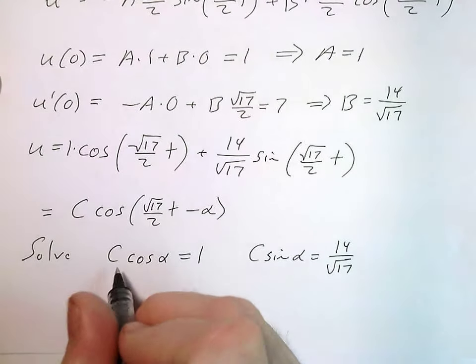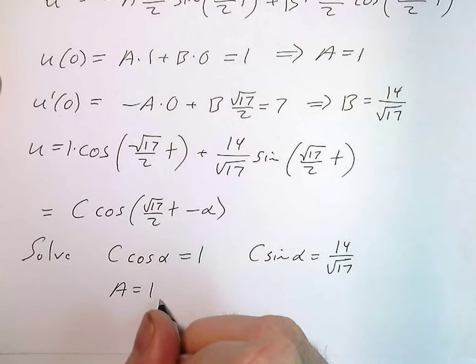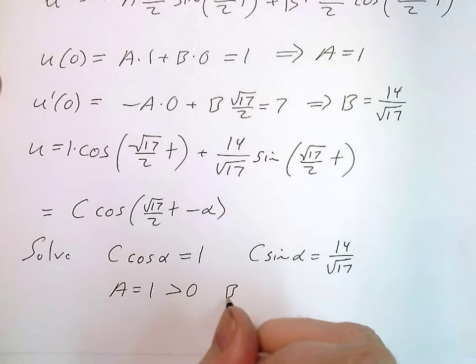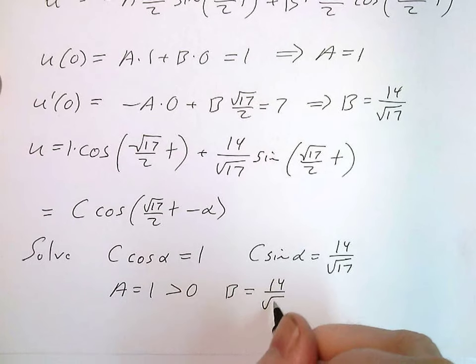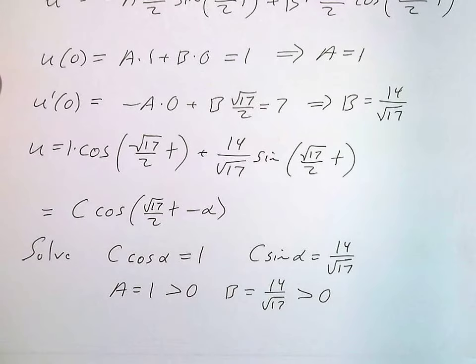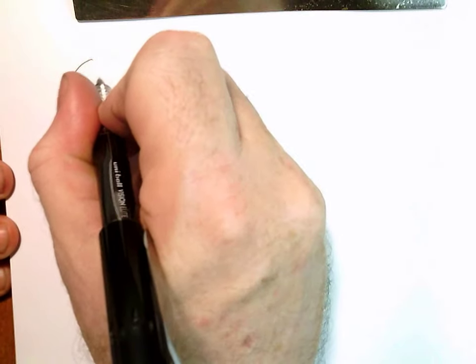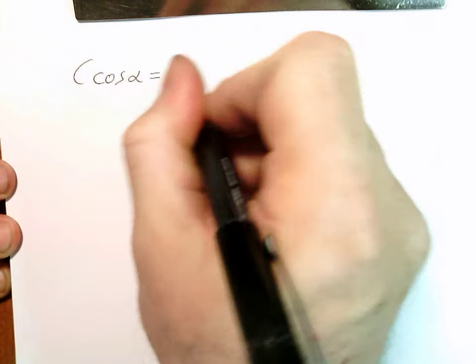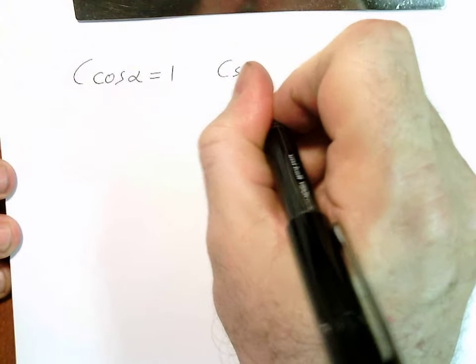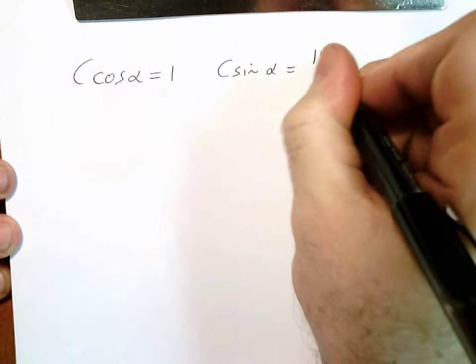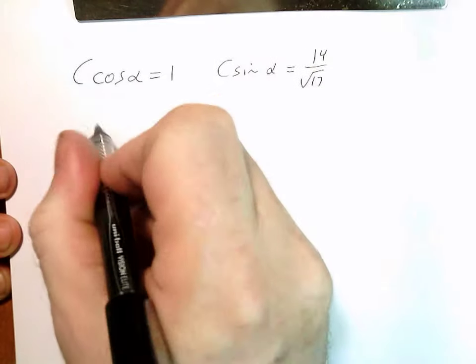Okay, and we note that our a here was 1, is bigger than 0, and b here, 14 over square root of 17, is bigger than 0 too. And we need this to get alpha. So we had c cosine alpha equals 1, c sine alpha equals 14 over square root of 17.